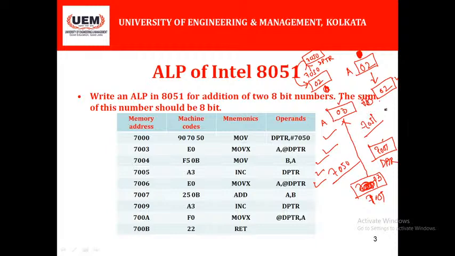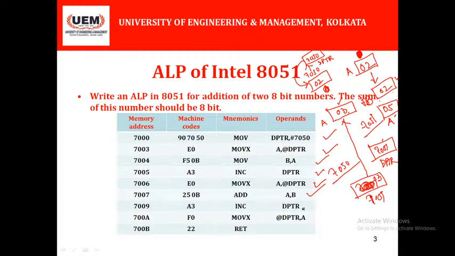Now we are going to add both of them. The result is 05, which is to be stored in the A register. Next is ADD A, B. So we are basically adding the value of the A register and the B register and storing the value to the A register.